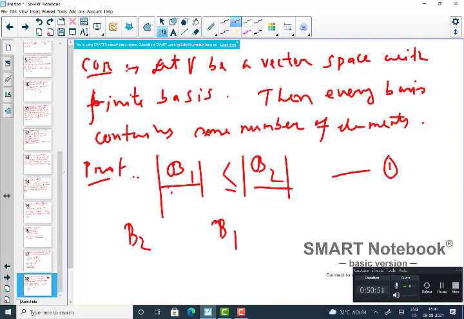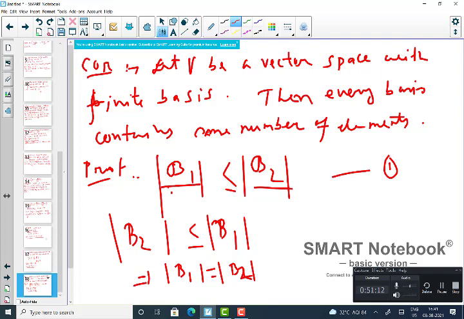So you can use the replacement theorem to say that this is less than or equal to that, hence they are the same. So this is a simple proof. You use the replacement theorem twice. Once you assume B1 is a linearly independent subset and B2 is the spanning set, the other is the opposite, and then you are done.